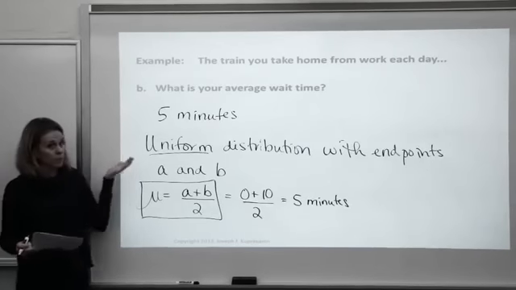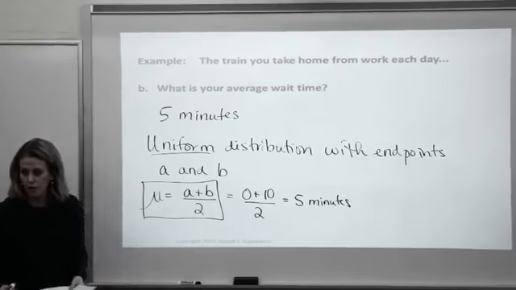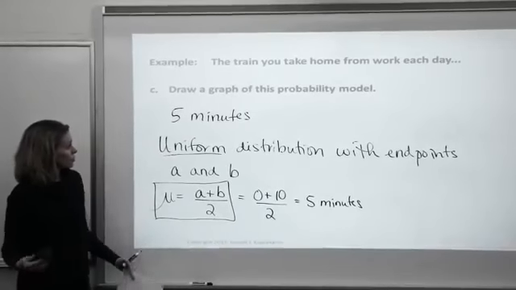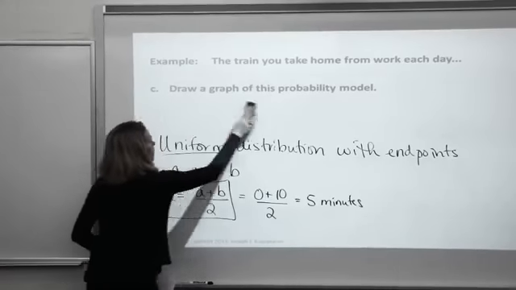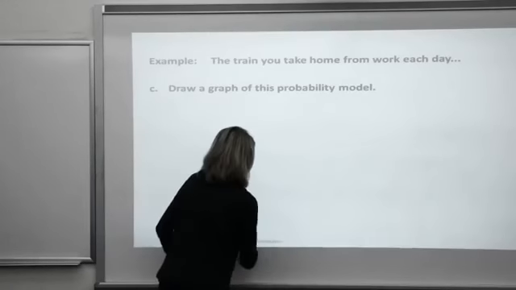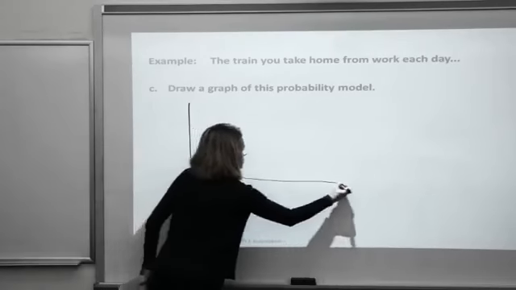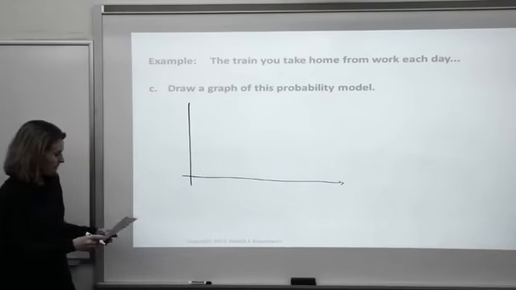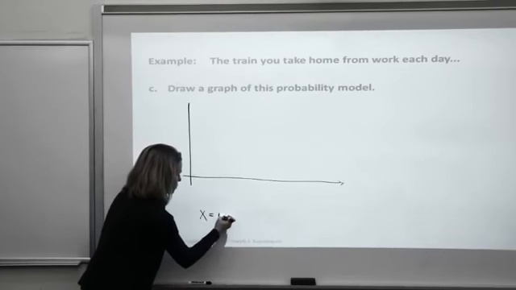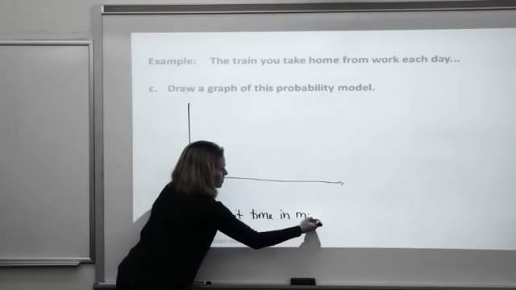All right, we can also draw a picture of what the uniform distribution looks like, so we'll do that with part C. Draw a graph of this probability model. Okay, if I let my variable be down here on x, so let's say x here is wait times for the train, and they're in minutes.